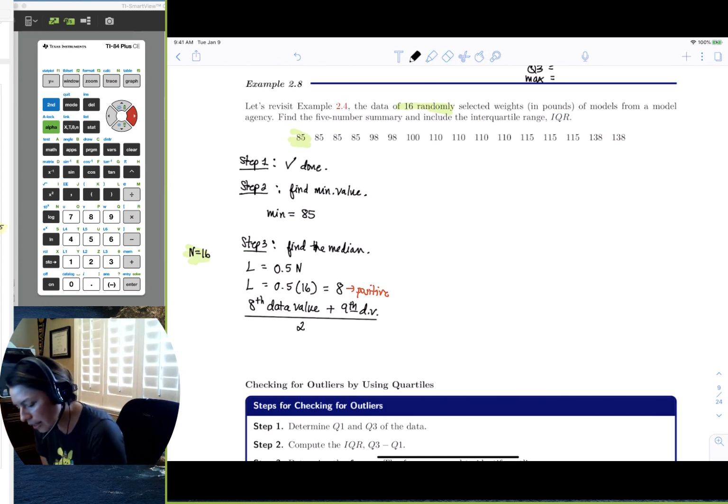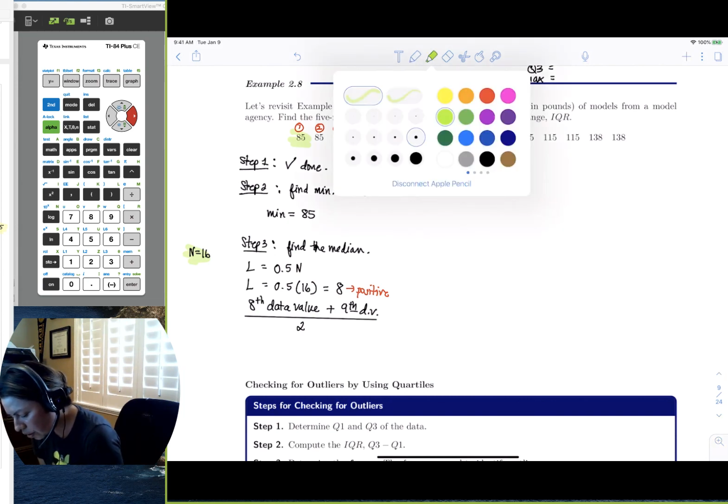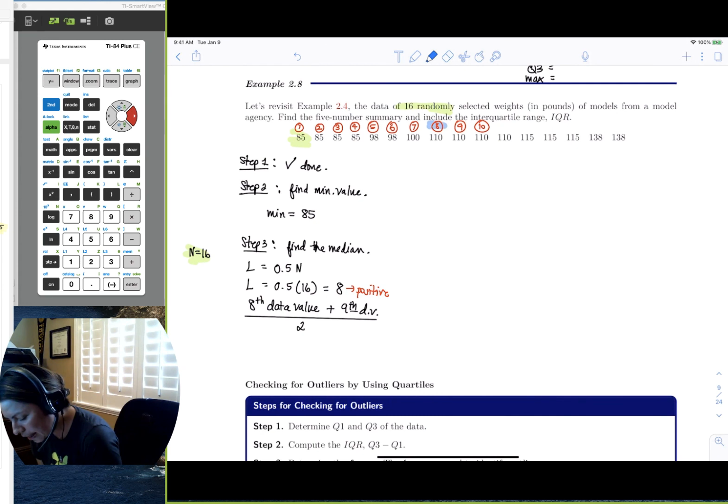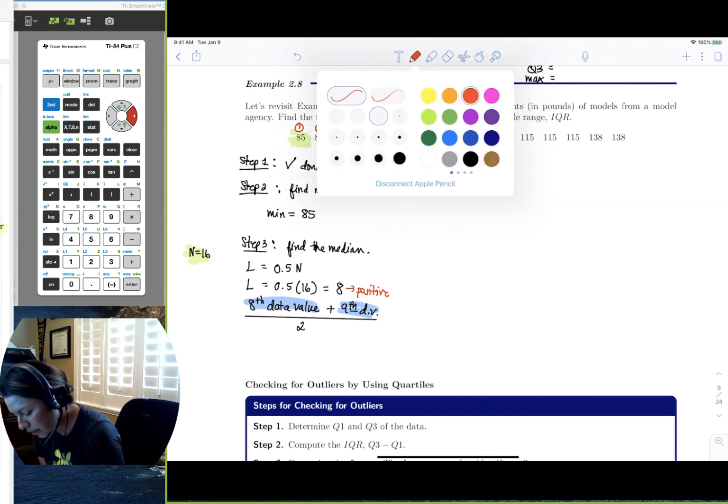So in our case, if I count here, here's the first data value, 2, 3, 4, 5, 6, 7, 8, 9, 10. And then I can see now the 8th and 9th data value is the data value 110.